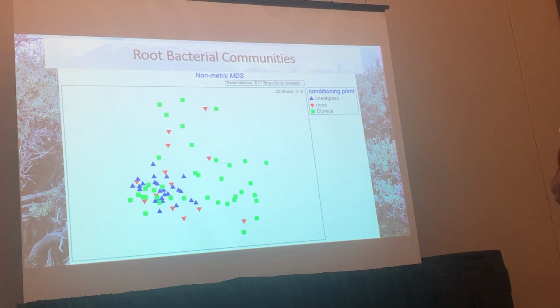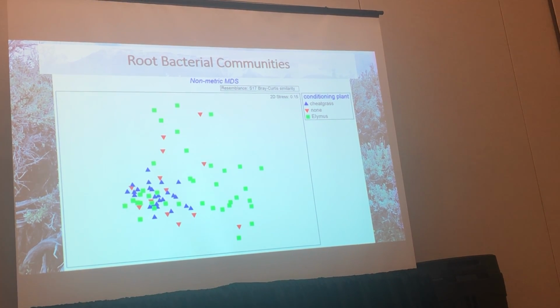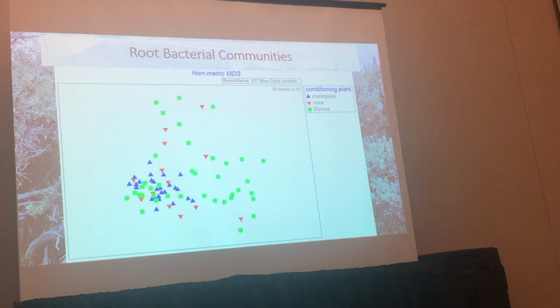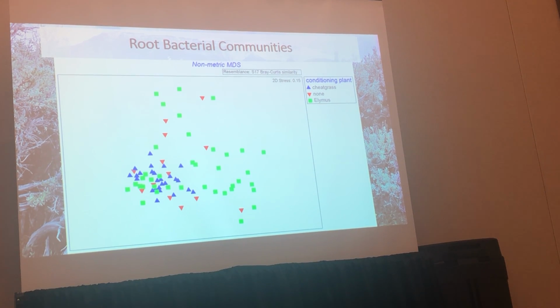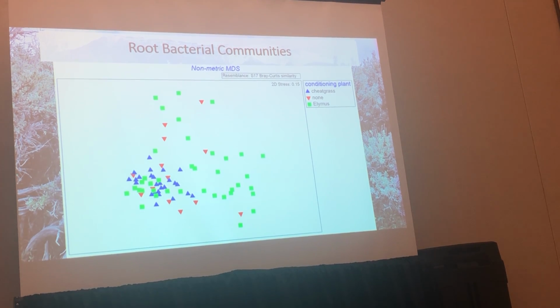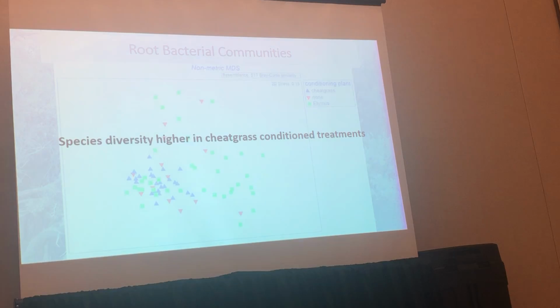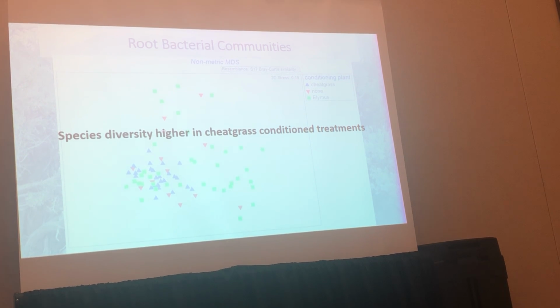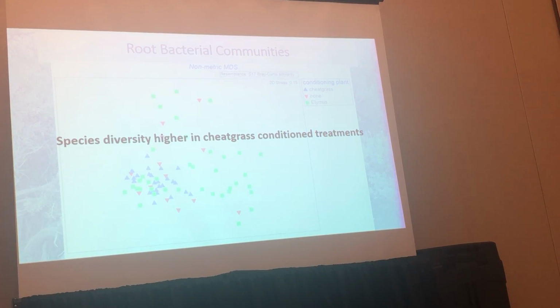But again, I don't know what to do about this. It doesn't fit the pattern that we saw before, so now we have a difference between cheatgrass and LMS. I'm still working on that. I don't know what this is. And also species diversity is higher in cheatgrass conditioning treatments, despite the really negative feedback that it had.